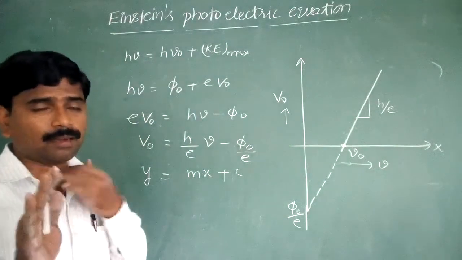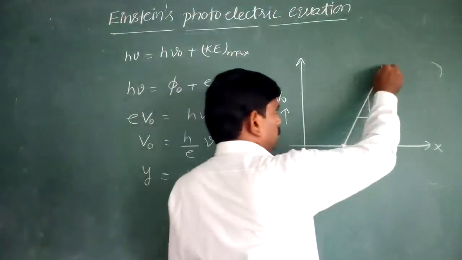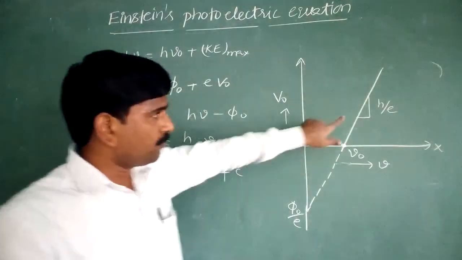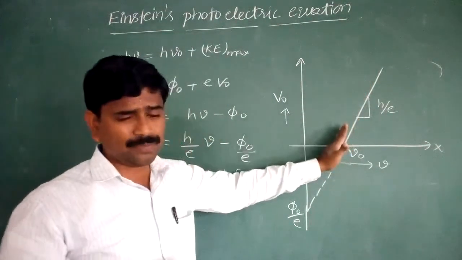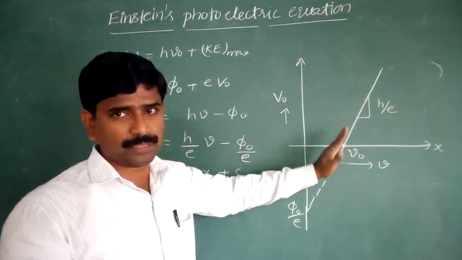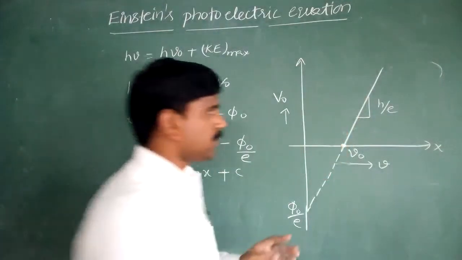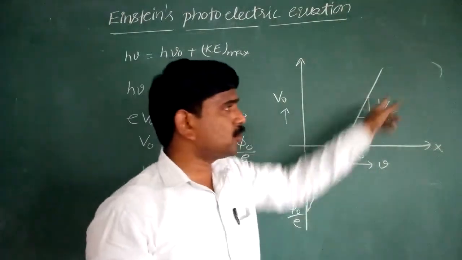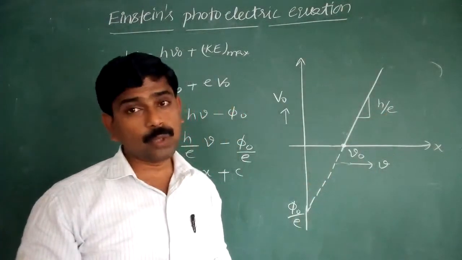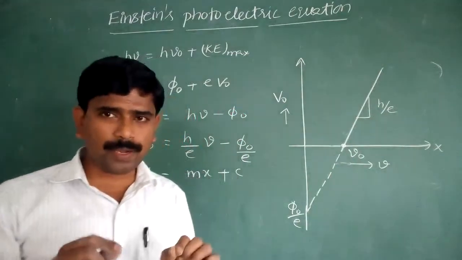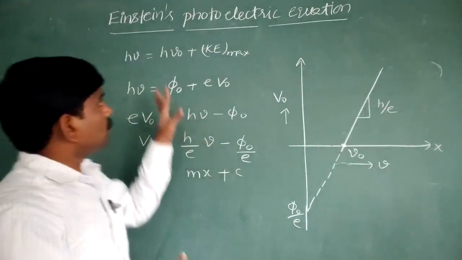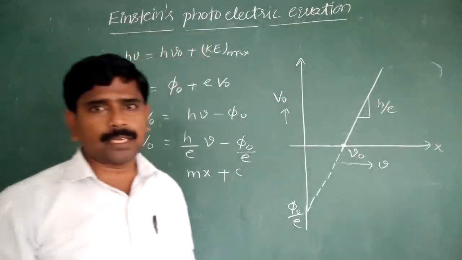From that, Millikan concluded that this is the photoelectric equation, no doubt. But the conclusion is that for different materials, this slope is the same. That is experimentally proven by Mr. Millikan. Okay. So this is about the Einstein photoelectric equation.